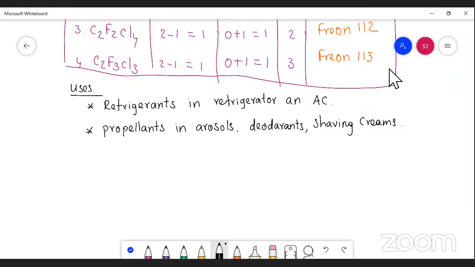So these are the uses of freon. Okay, and it causes ozone depletion.